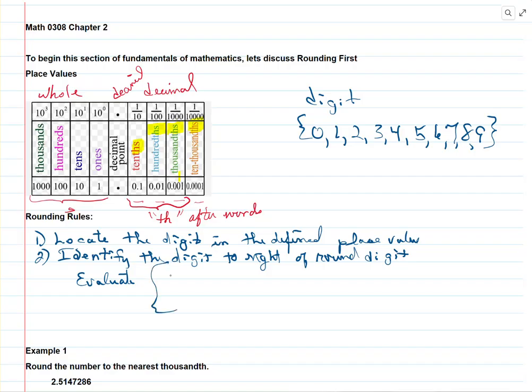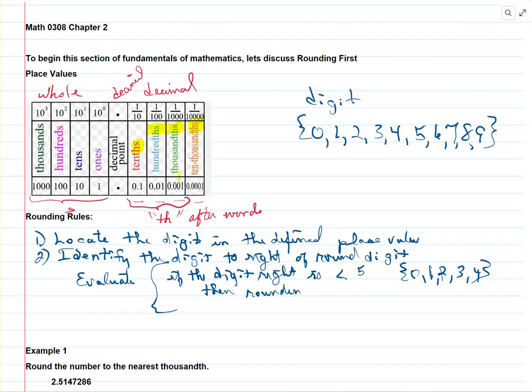The first condition: if the digit to the right is less than 5, that means it is 0, 1, 2, 3, or 4. If it's one of these, then, because this is an if-then condition, you take action. Then the rounding digit remains the same.